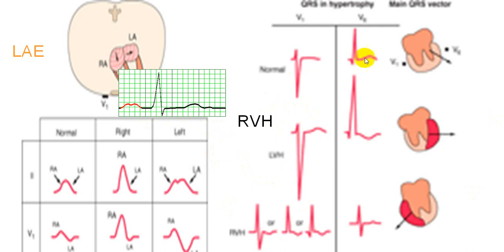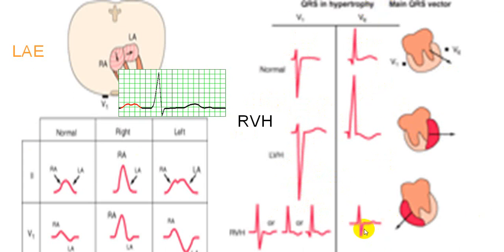what we call as V1, you will have an R wave appearing which will be taller, and you will have a little S wave in V1, V5, V6, sorry, V5, V6. You will have a deep S wave in V5, V6.